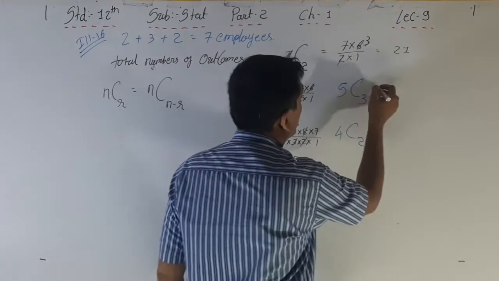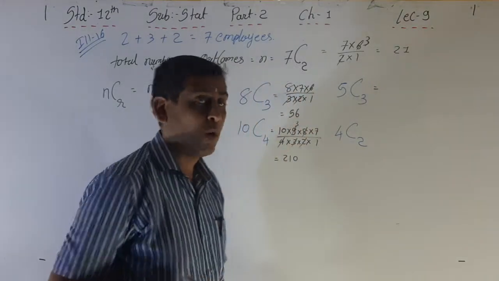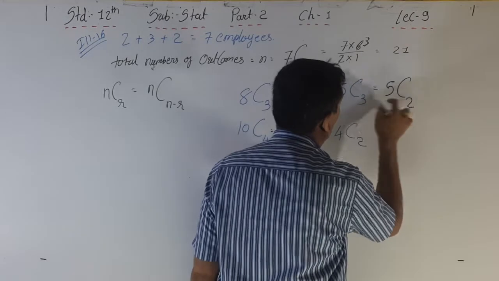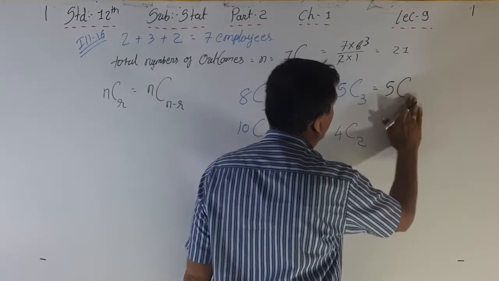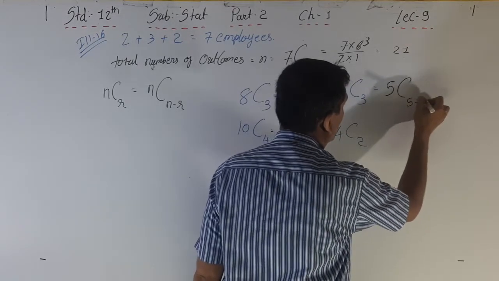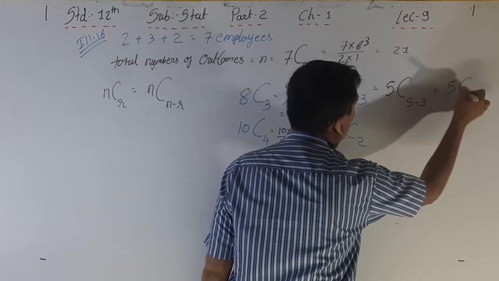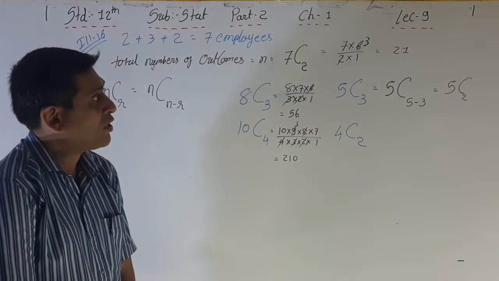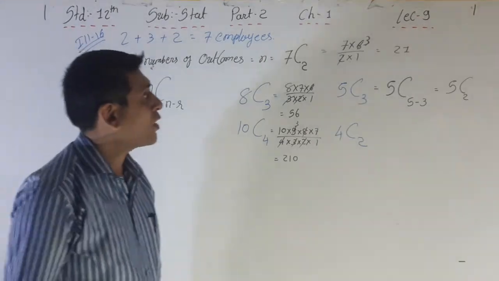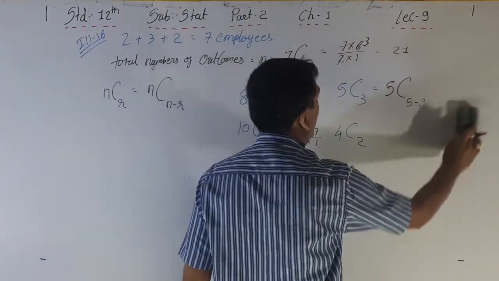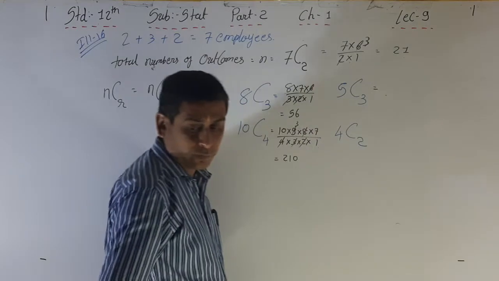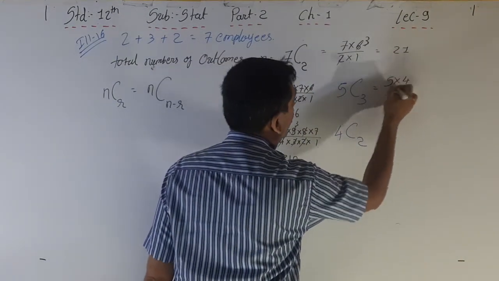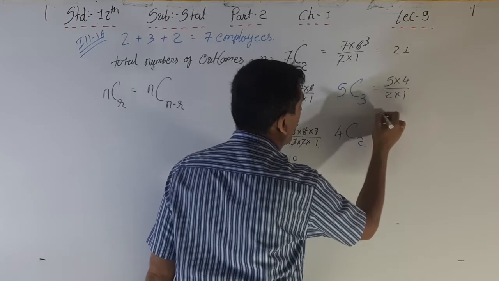Means what here? 5C3 is equal to what? 5C3 is equal to 5C2, 5 minus 3, that is 5C2. Both are equal, right? 5C3 and 5C2 both are equal here. So 5C2 means 5 into 4 divided by 2 into 1.